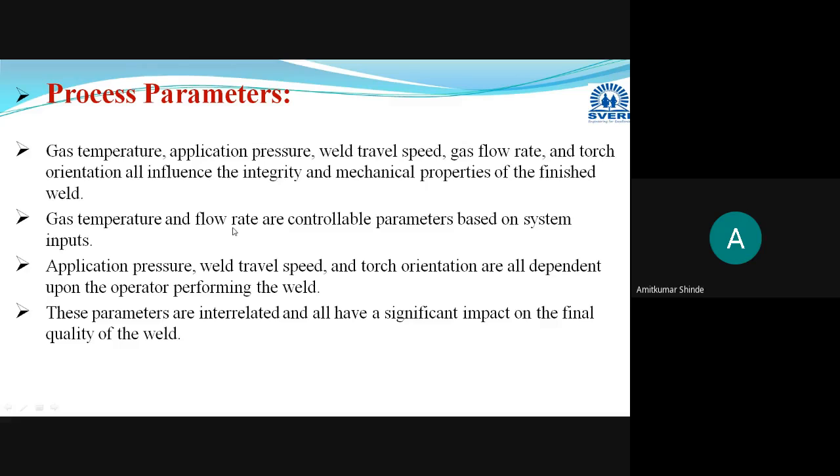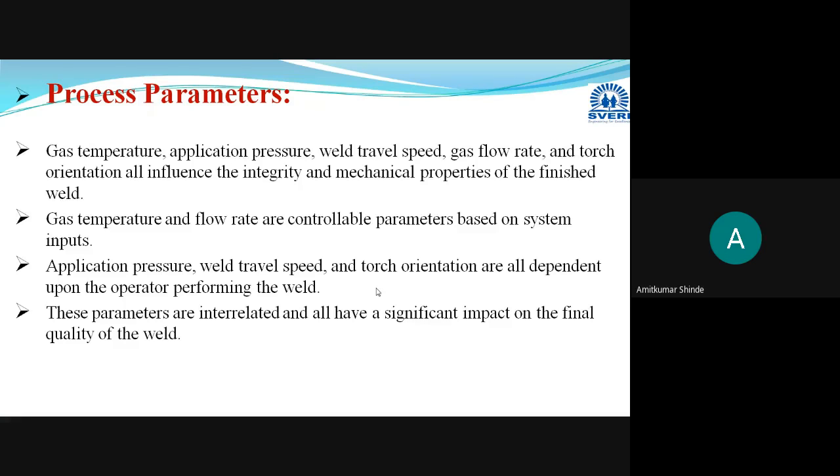Gas temperature and flow rate are system inputs only, and these can be controlled. But the pressure, the travel speed, and the torch orientation depend on the operator only, and you cannot control them in the same way.